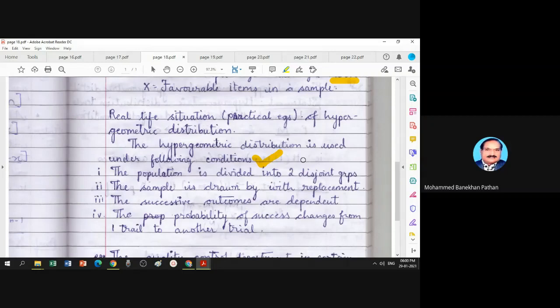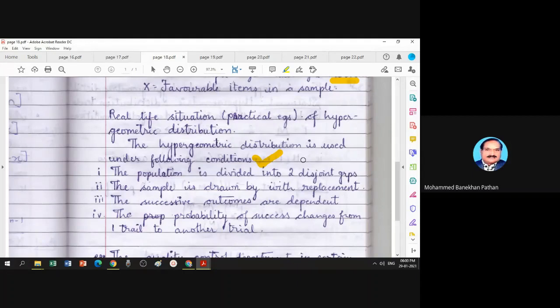The second condition for binomial is that you should repeat such an experiment more than once. That means a minimum of two trials should be there. If you make only one trial, that is a Bernoulli. For binomial, you should repeat the Bernoulli trial two or more times.